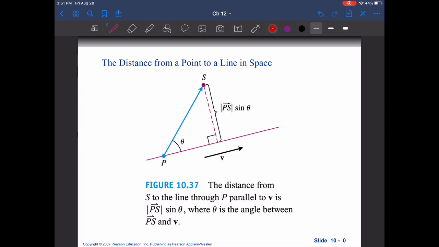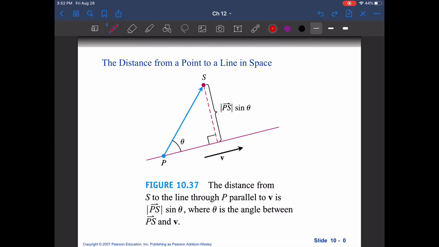All right, so let's go ahead and get through this last little bit before we get into the planes. This is the distance from a point to a line in space. And so if you think about this, what we're trying to do is find the distance from a point to a line. And the distance we want is that shortest distance between them, such that our distance is perpendicular to our line. It's normal to the line we're looking at.